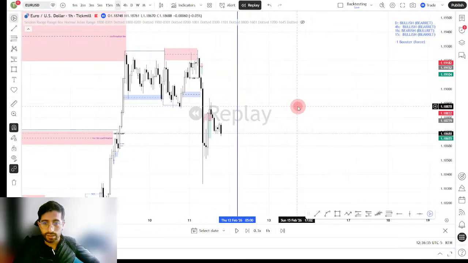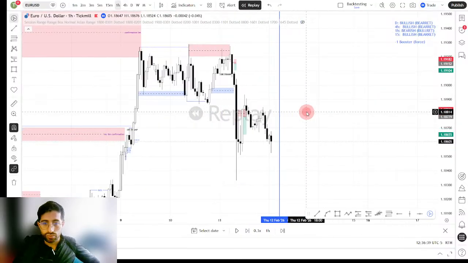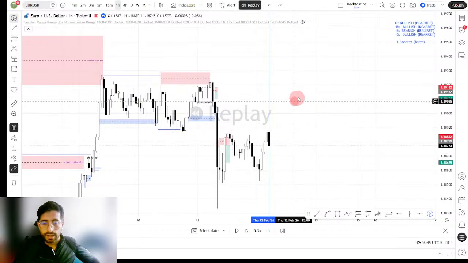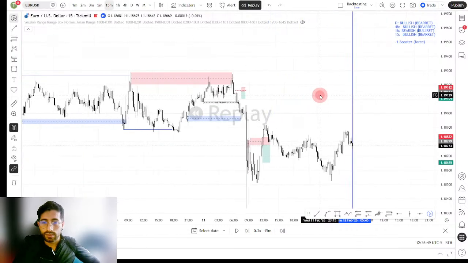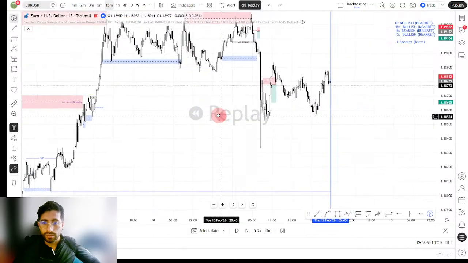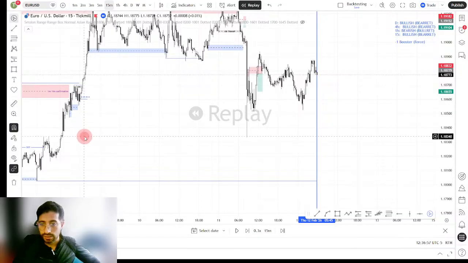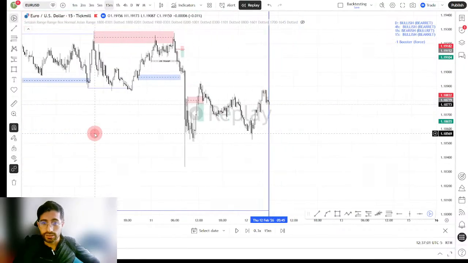All right, here it is. 15 minutes time frame. We are bullish. It seems that the price is reacting in nothing, honestly. There's nothing.